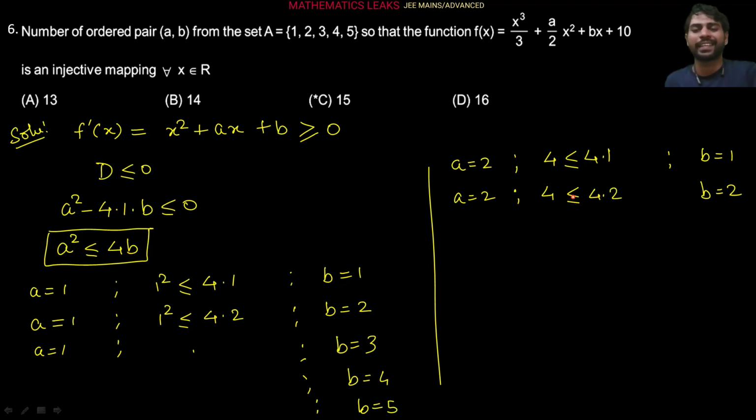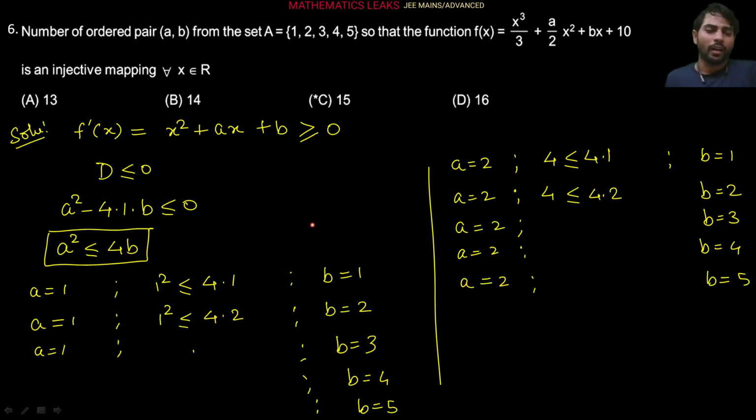So 8 is greater than 4, inequality is holding, so it is satisfied. Similarly, a is 2, b is 3, 4 and 5 are also satisfying. Means all the values of b from 1 to 5 satisfy this inequality if a is 2, right?